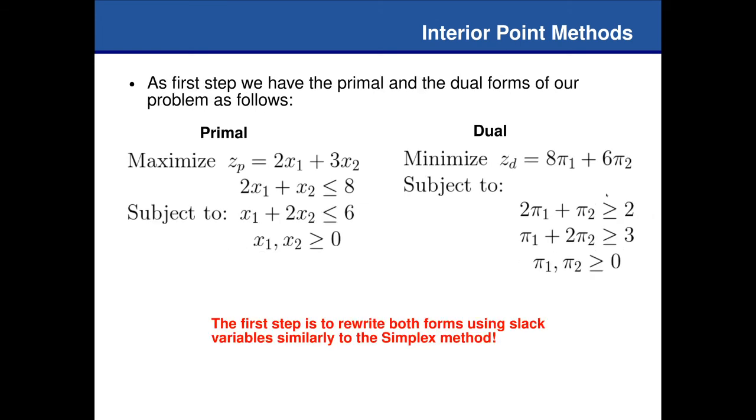In my dual problem, I have inequations in terms of greater than or equal in this particular scenario. If I have something greater than or equal, of course I need to subtract something from this side. Subtract a given slack variable, and the slack variable is going to be greater than or equal to 0. And here the same, I need to subtract it.